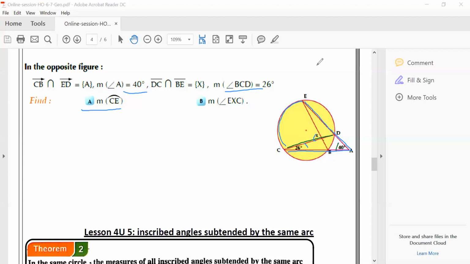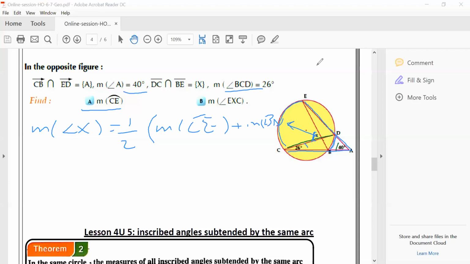I can get it from the first rule or from the well-known problem, the first one and the second one. If I want the measure of angle X, it will be half the sum of the two opposite arcs, which are measure arc CE plus measure arc BD. But in this case, I don't have anything except measure BD.